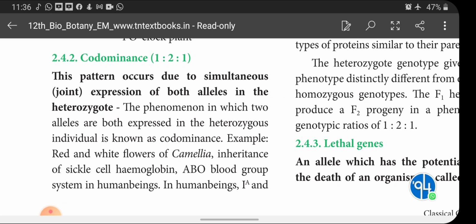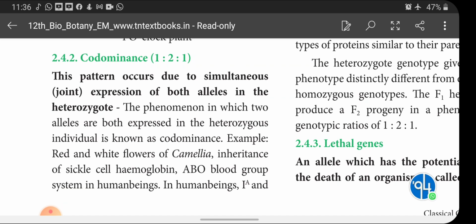Examples: red and white flowers of camellia, inheritance of sickle cell hemoglobin, ABO blood group system in human beings. These are examples for codominance.